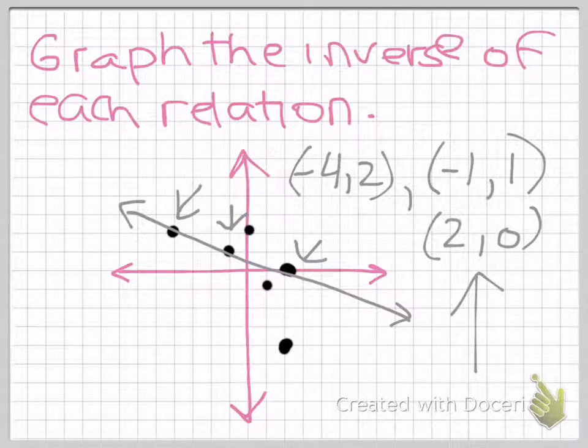And then I would draw my line. So the yellow line would be the inverse of the graph.